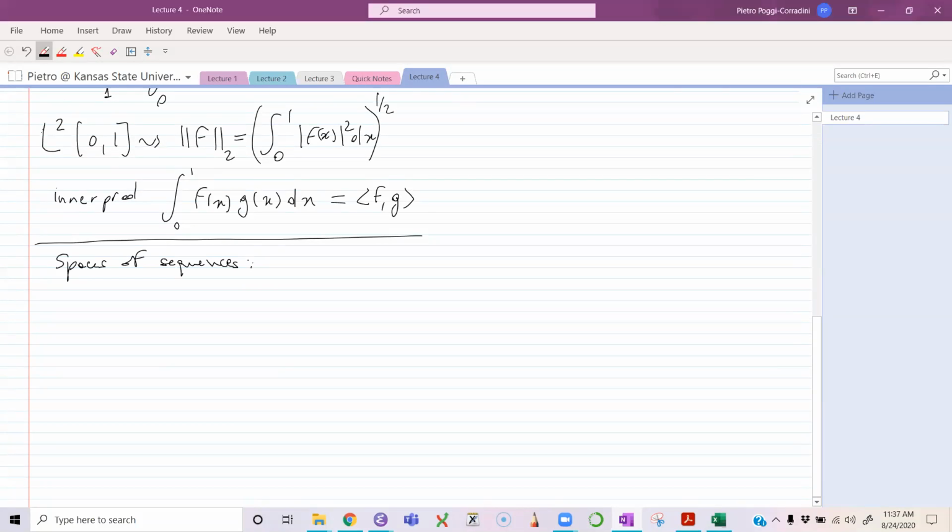These become important when you are dealing, for instance, with Fourier coefficients and things like that. Those are called little L infinity, for instance. This is the set of bounded sequences: infinite sequences such that the terms stay bounded.